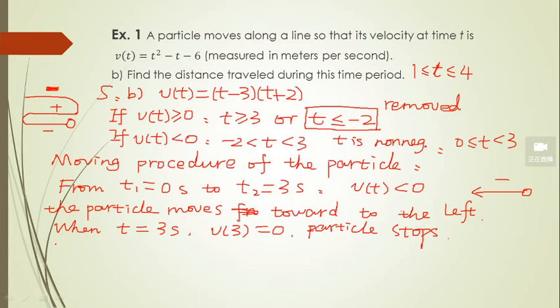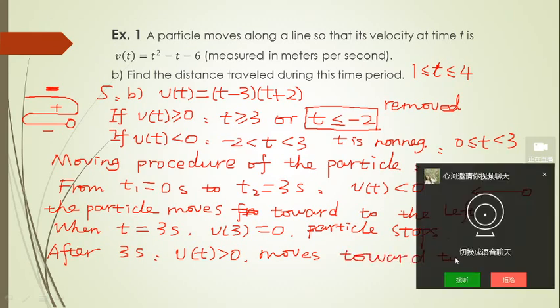And then after 3 seconds, V of t should be positive, which means it moves toward the right, right?